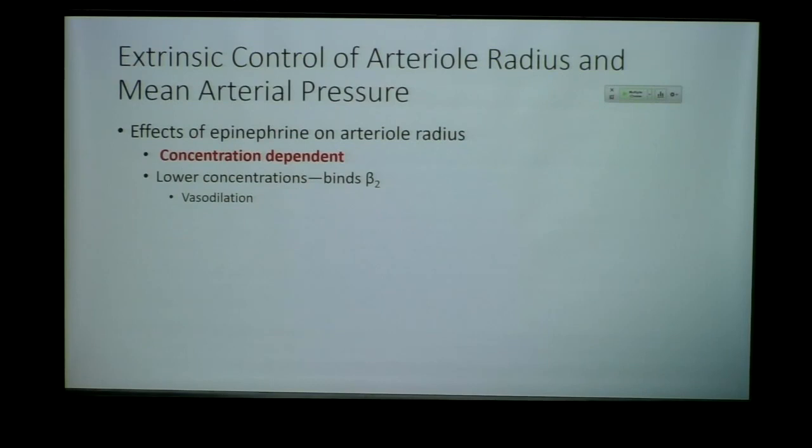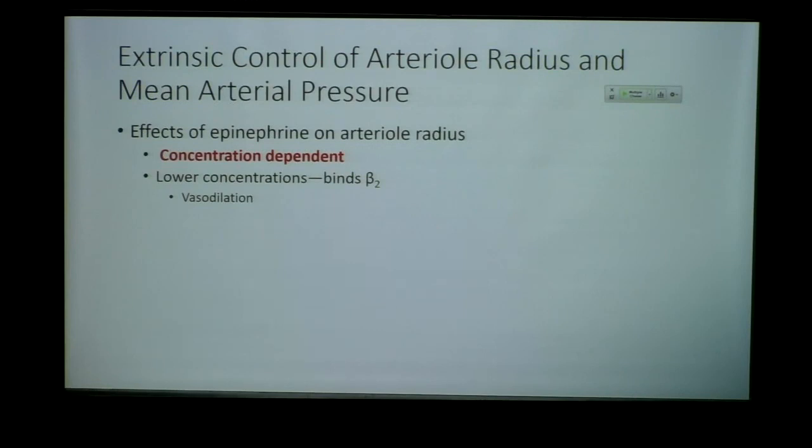So what does that mean? Let's talk about that relationship quickly. What does that mean? So why would I want to vasodilate specifically to my muscles and heart and vasoconstrict everywhere else? What's sort of the benefit of doing that? Yeah, exactly.